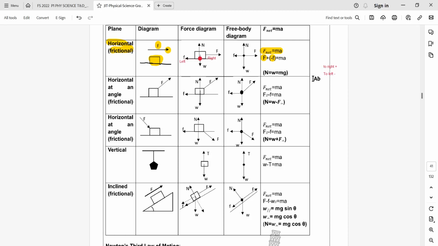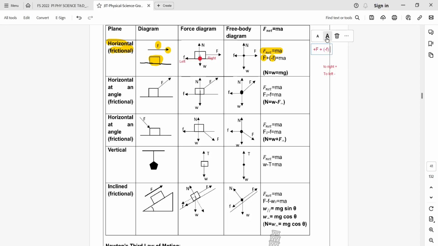Now if we add these, the forces going to the right will all be positive. So I write capital F as positive, plus the other force acting on it, small f, which is the frictional force. Why am I putting it as negative and also small? Because it's a frictional one.